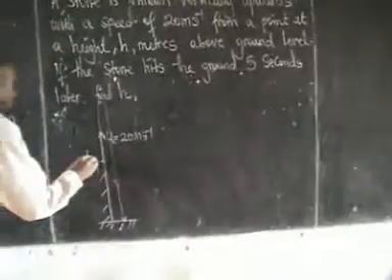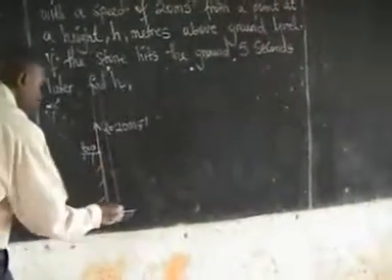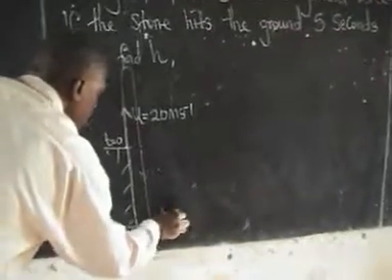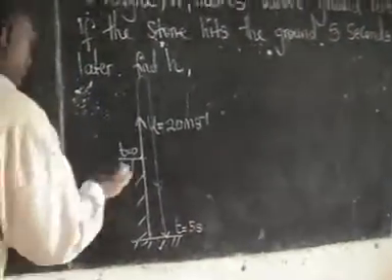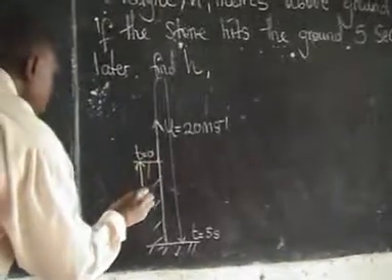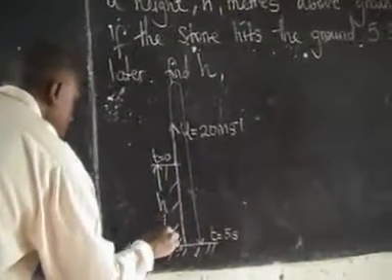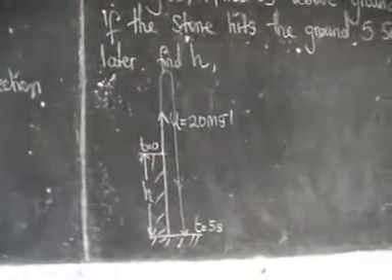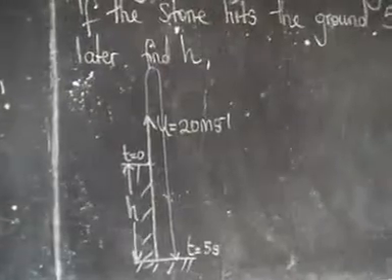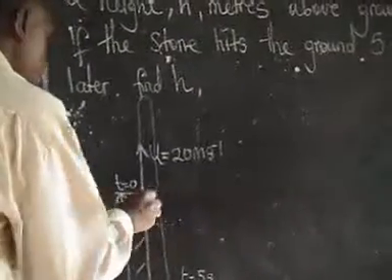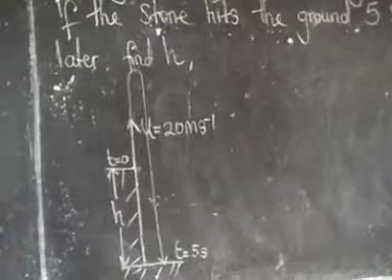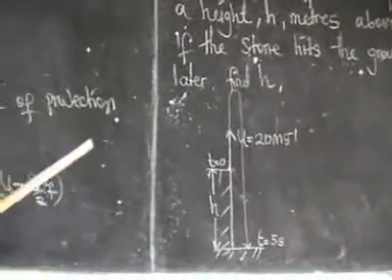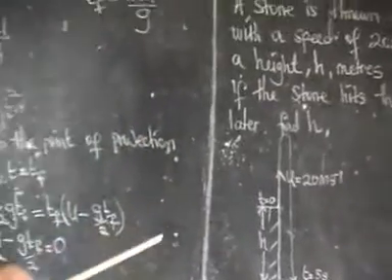So if at this point t equals 0, we are told that it hits the ground when the time t is equal to 5 seconds, and now they want us to use the given information to calculate the value of h. So that's our diagram. Remember, the information that is given is the one which dictates which equation to use.